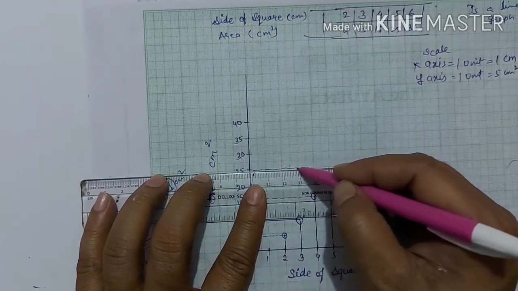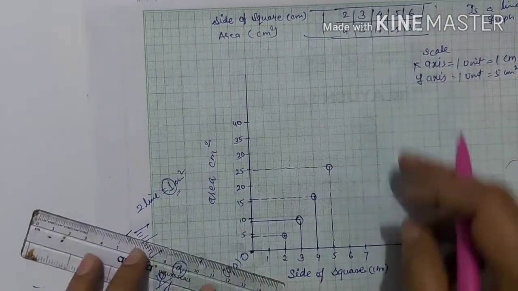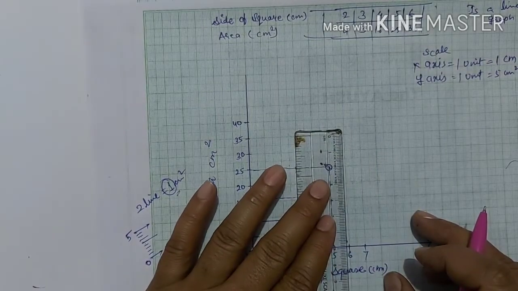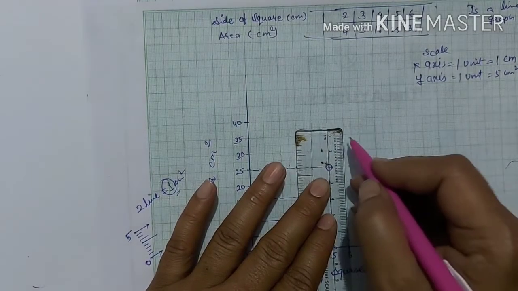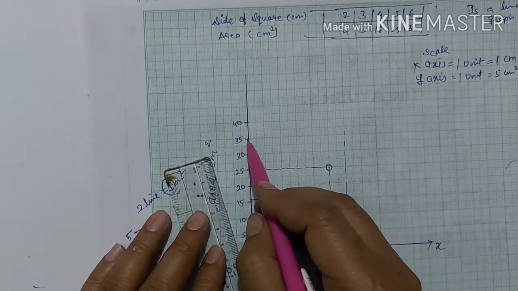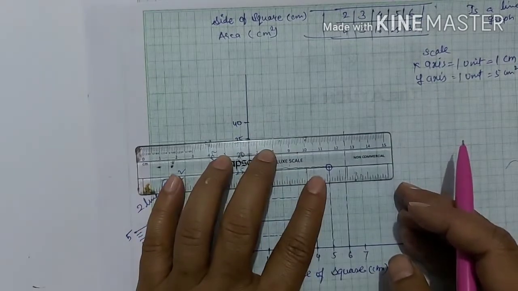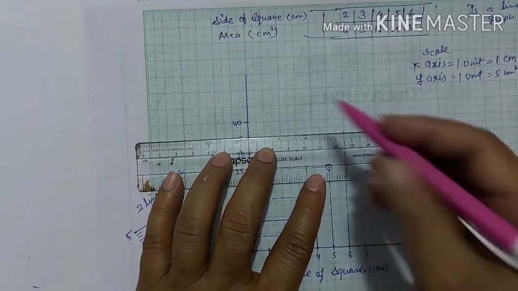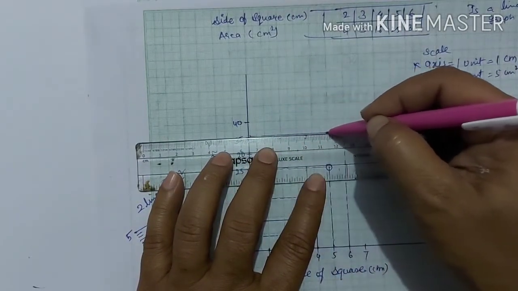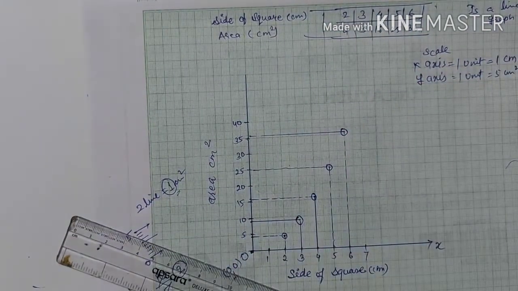Match the point, the intersect point. It is 5 and 25. Next 6 and 36. 36 is 35 and 2 lines, so 2 lines left is here. Okay, now match the lines.